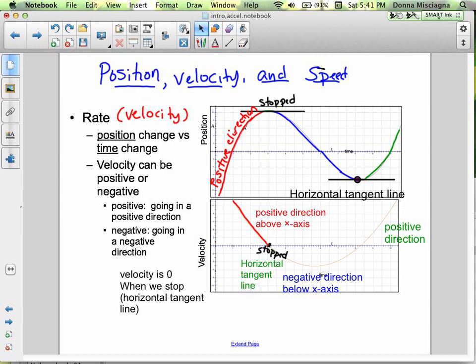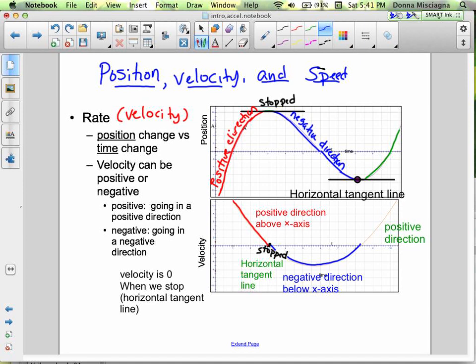All right, and then here you see where the position function is in blue. We are moving in a negative direction. So notice that if the particle is moving in a negative direction, the velocity is below the x-axis.